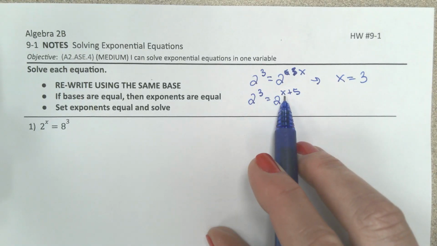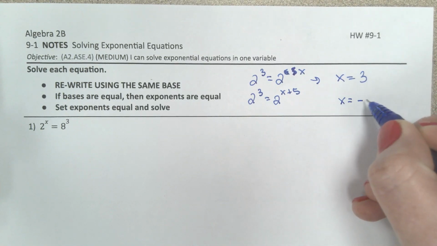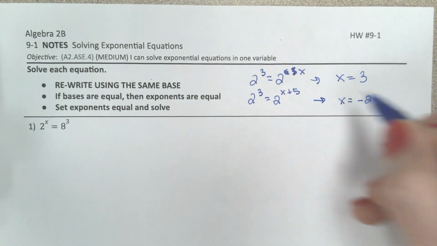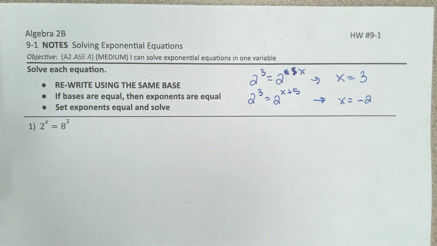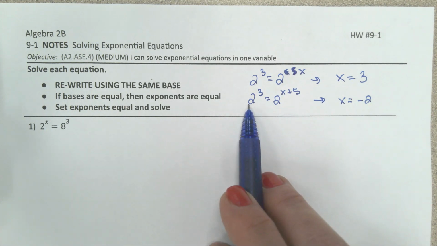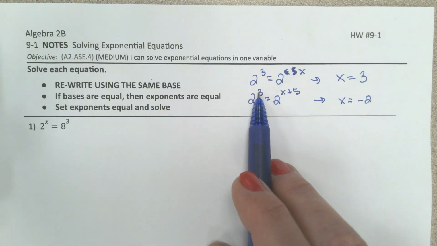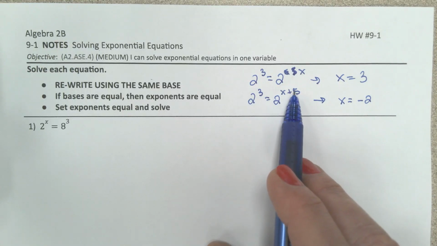So if x was -2, -2 plus 5 equals 3, then x equals -2 in this instance. So the goal is if we can figure out how to write these numbers using the same base, then the exponents must be equal to each other.